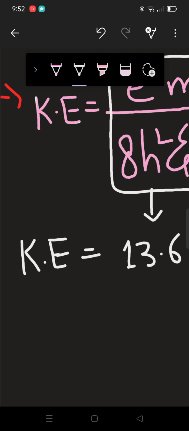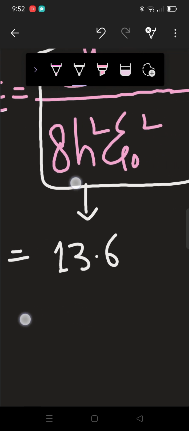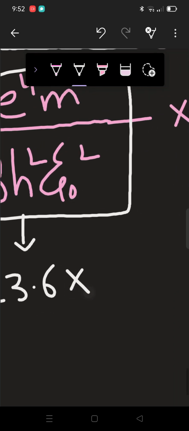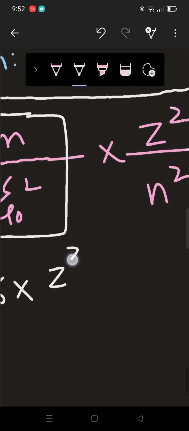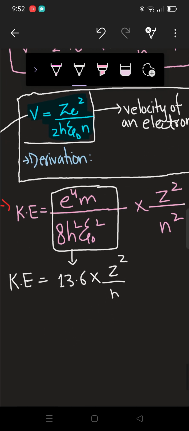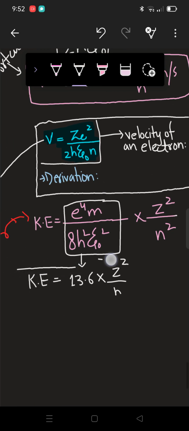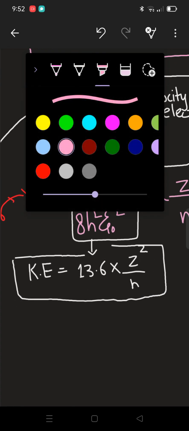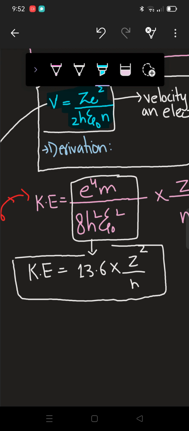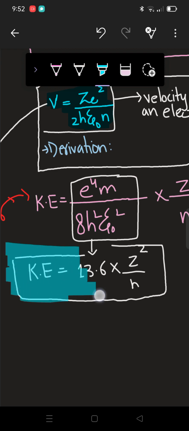I am gonna derive the formula for finding the kinetic energy in kilojoule per mole as well, but for now this is in electron volt, into z square upon n square. So this is the shortcut for finding the kinetic energy of an orbit in a particular atom.